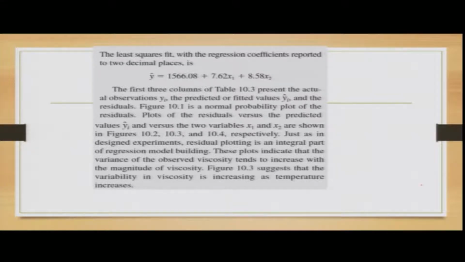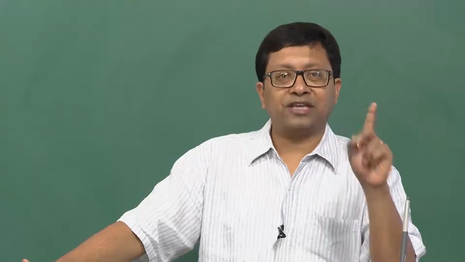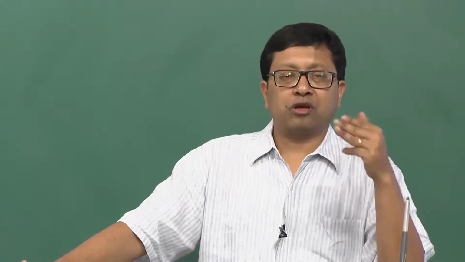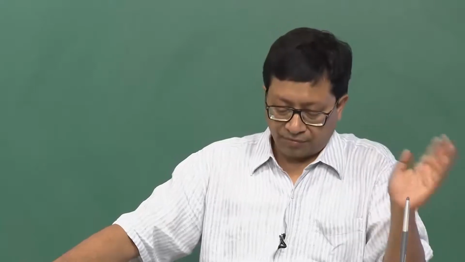Residuals means the errors. Now, if you plot these errors, a normal plot of the residuals can be done. Obviously, they should be normal, because we have assumed the x's are normal and the y's are normal. So, if they are normal, the error term would also have a normal distribution with a 0 mean and a fixed standard deviation.